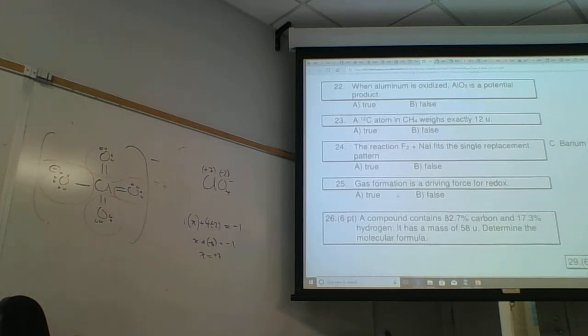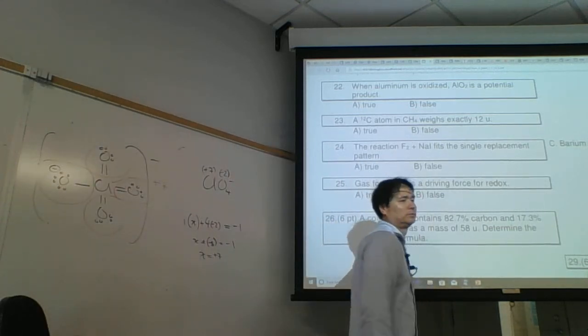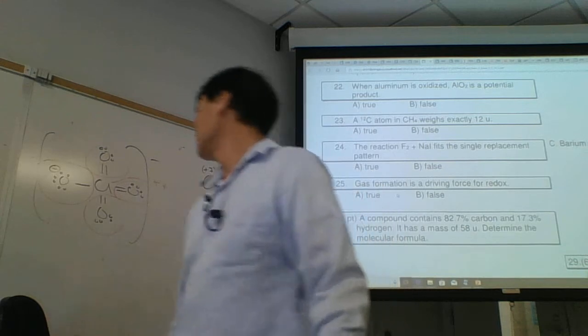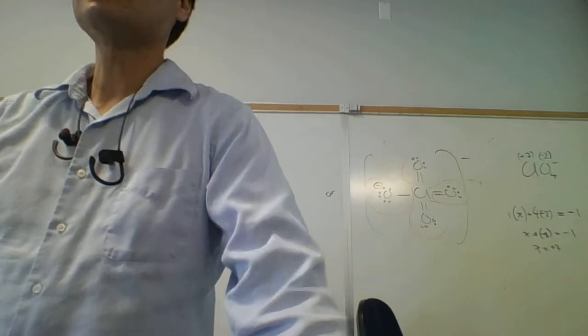The reaction of F2 plus NaI fits the single replacement pattern. That's false. Why does it not fit the single replacement pattern? It fits the A plus BX, that works.